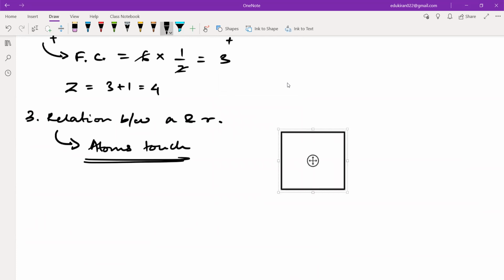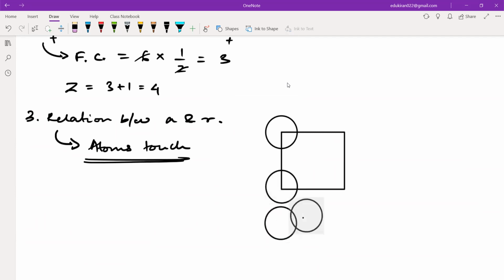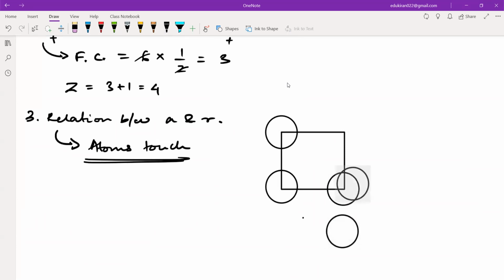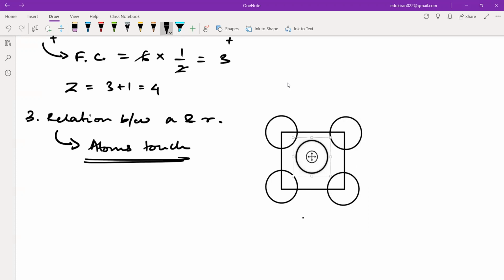This is my face. We have atoms. It's kind of cheating, but still what I can do.